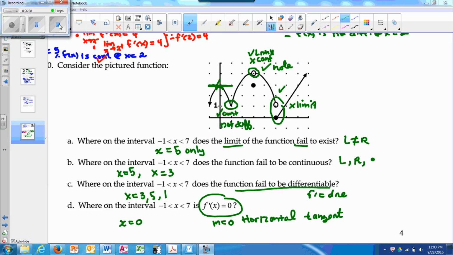We would have a horizontal tangent line. Because if slope equals 0, that means you have horizontal. Not a horizontal asymptote, horizontal tangent. Okay, that's the end of this particular set of notes.